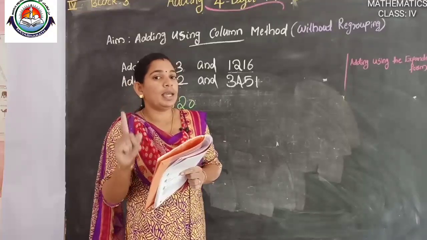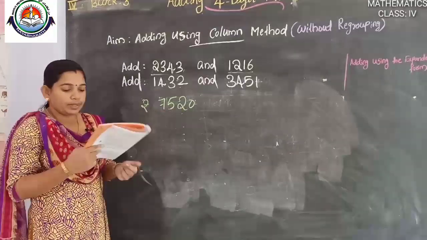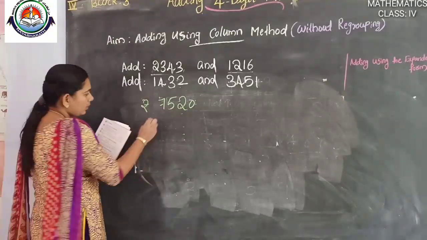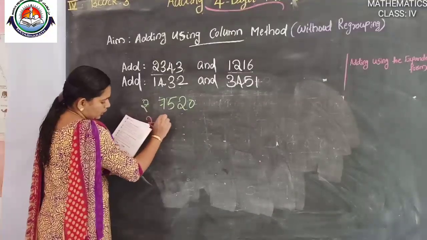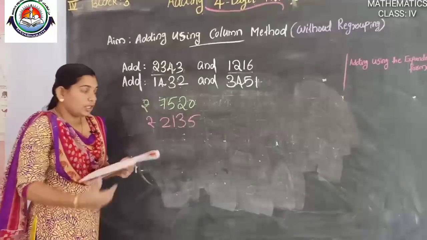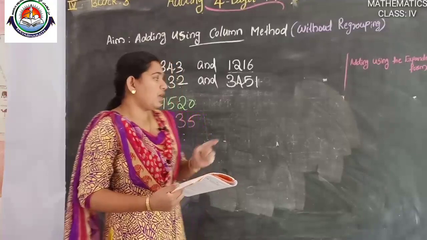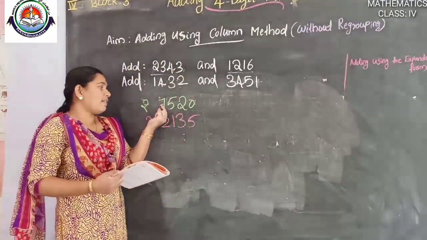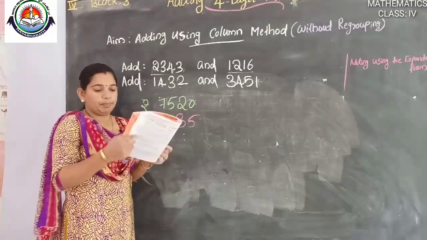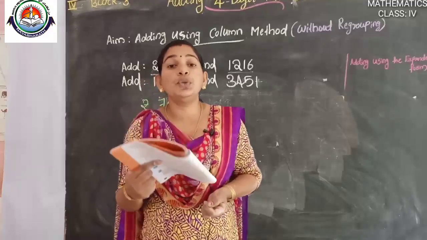First week he bought goods rupees 7,520. Then he added rupees 2,135 in second week. First week he bought rupees 7,520 and second week 2,135. Then how much money did he spend on goods in 2 weeks?